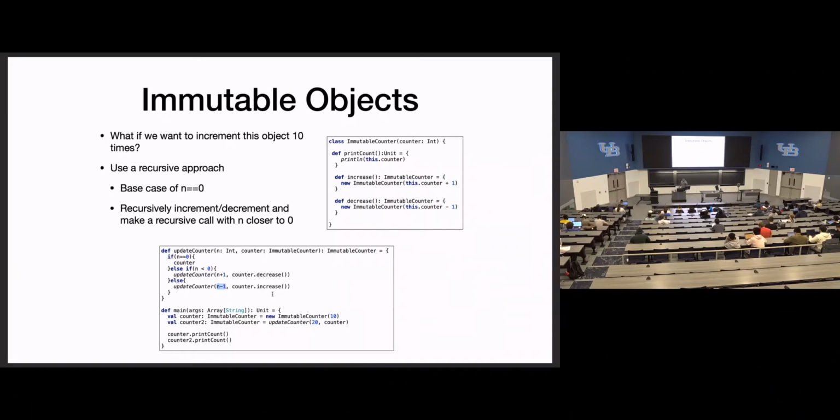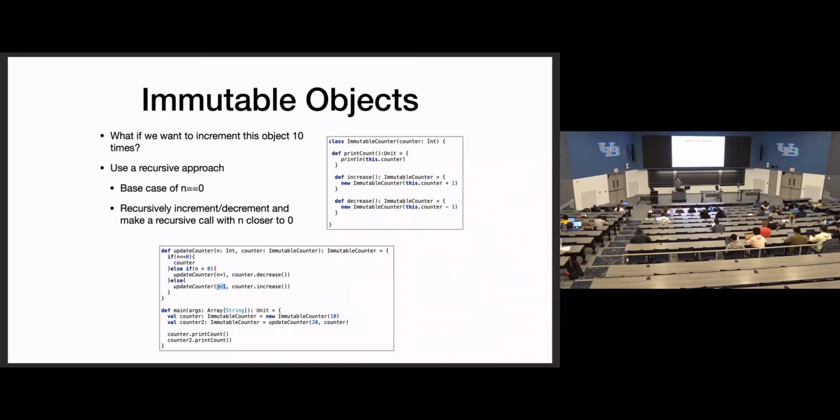So for example, when n is 20, I'm going to call update counter 19 and increment the counter by 1. So call increase once. So the 20 effectively means call increase 20 times. I'm going to call it one time and make a recursive call that says, okay, with this new counter that was returned, you still have to call increase 19 more times.